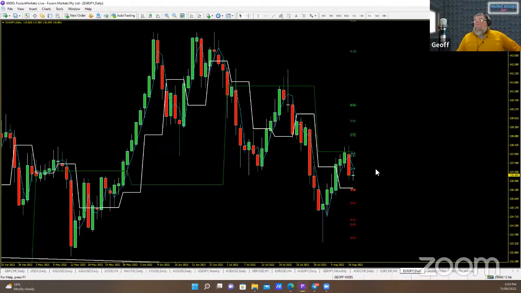Euro yen not dissimilar in directional bias, but completely different in terms of the chart, because we saw a sell-off yesterday on euro versus the yen, suggesting that the yen is strong. I find that very, very hard to get my head around on a long-term or even medium-term basis.